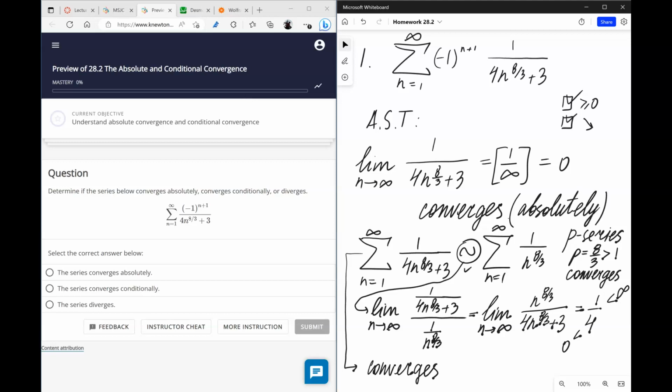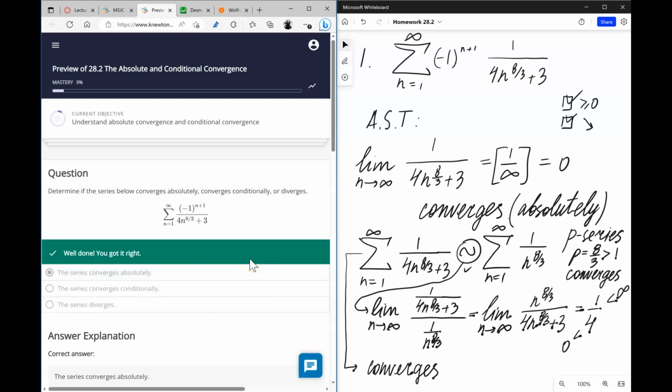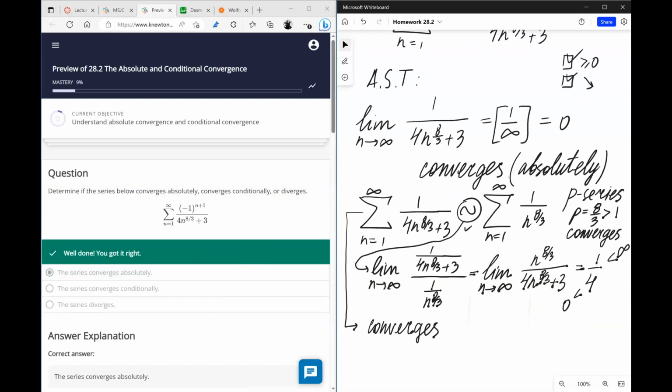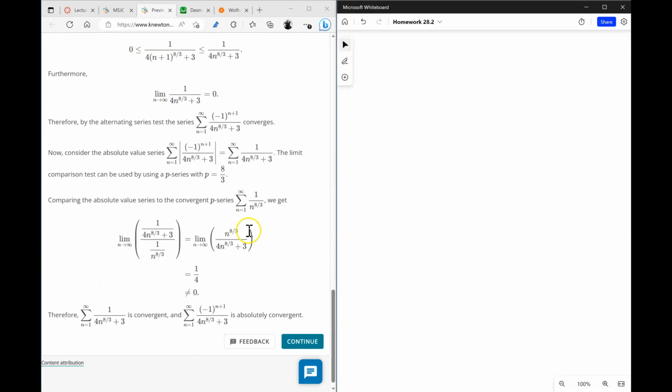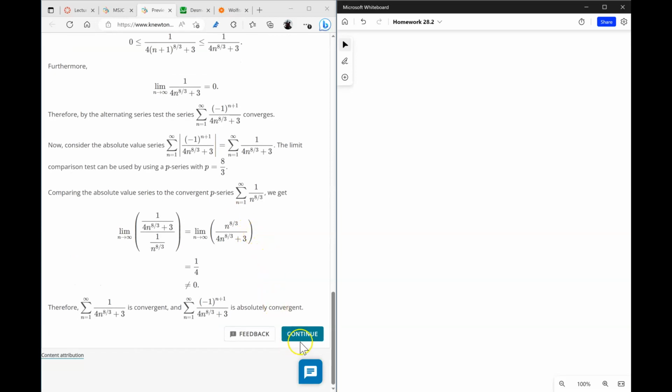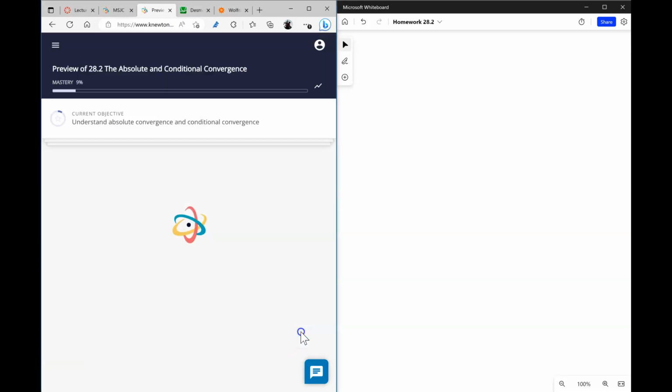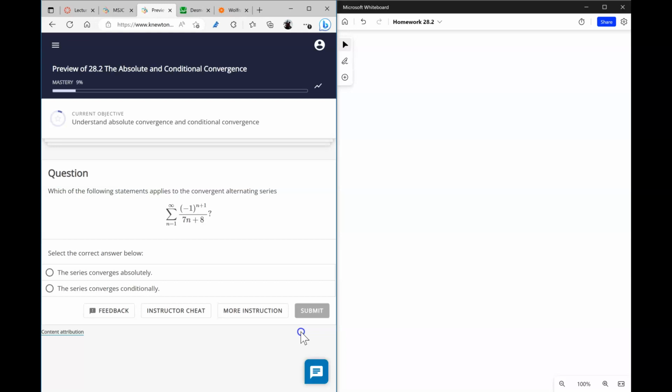So the answer is that this series converges absolutely. It's a lot of work for a multiple choice question, but that's how we identify whether a given series, and by given series I mean the alternating series, converges conditionally or absolutely.